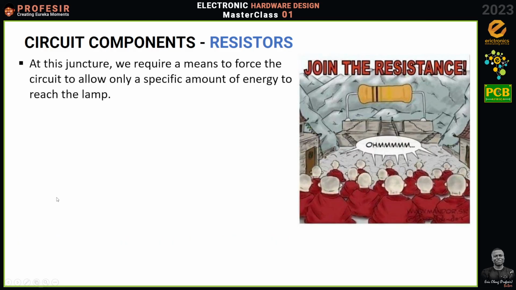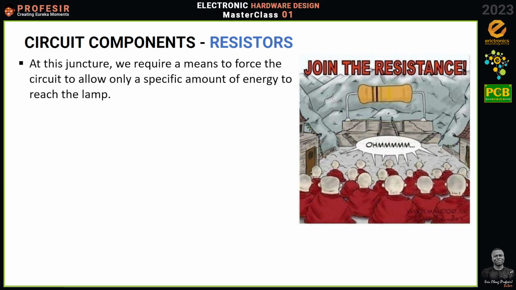So the question is, what do we do? Now, to solve this problem, we have to find a way of making the battery deliver exactly the amount of energy the lamp requires. Unfortunately, it's not like the lamp has an ear that we can whisper this instruction to for it to behave.